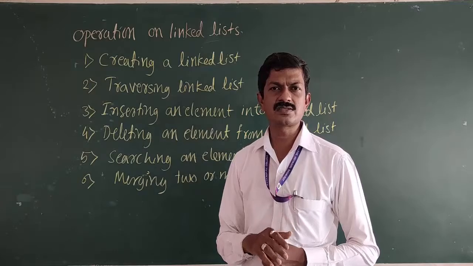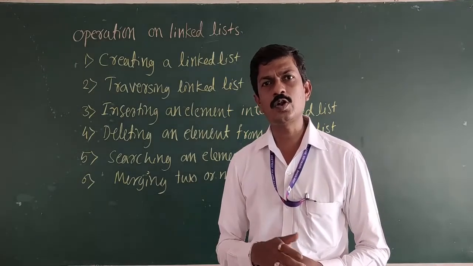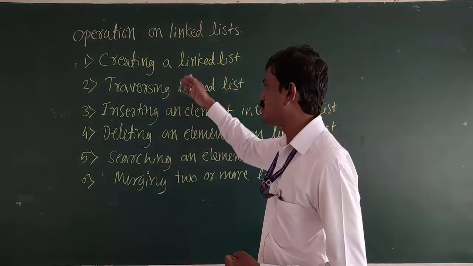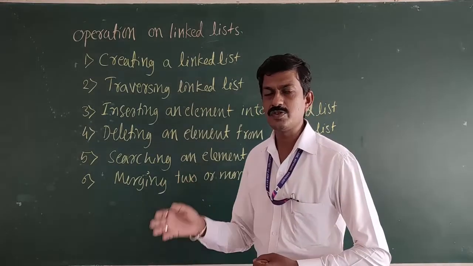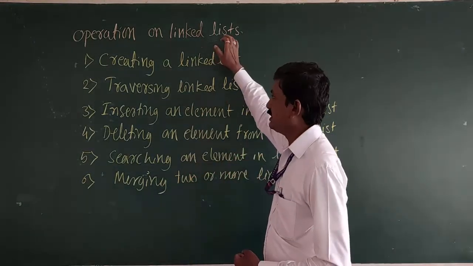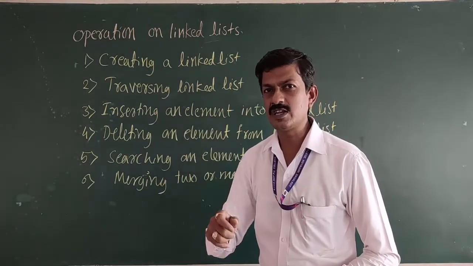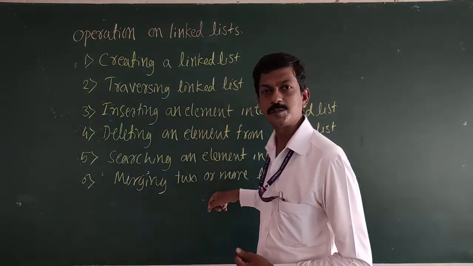We see these different types of operations on linear data structures as well as on non-linear data structures. These are the same operations which are also performed on a linked list, but we need to mention that we are discussing them with respect to linked list.